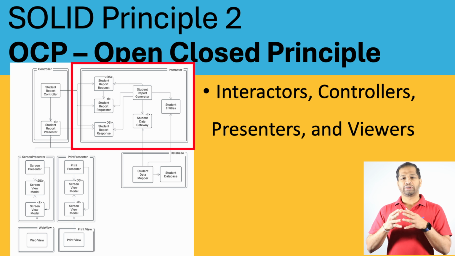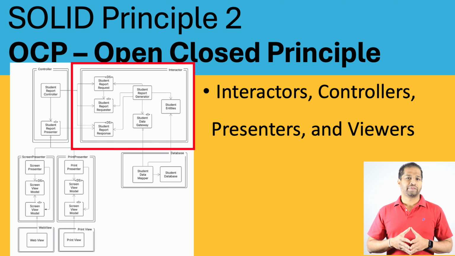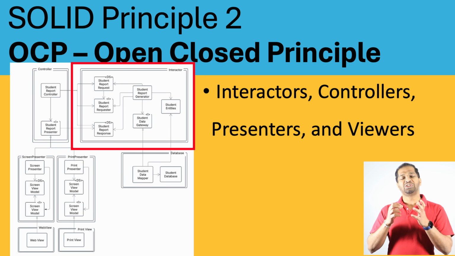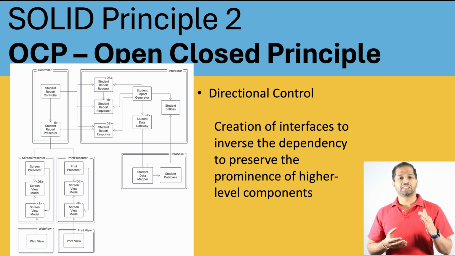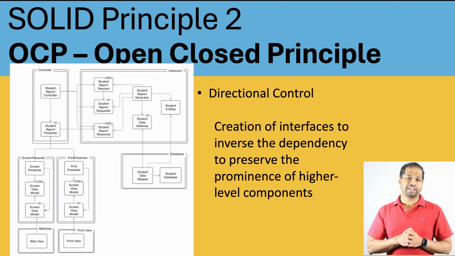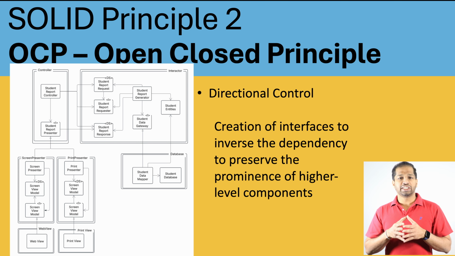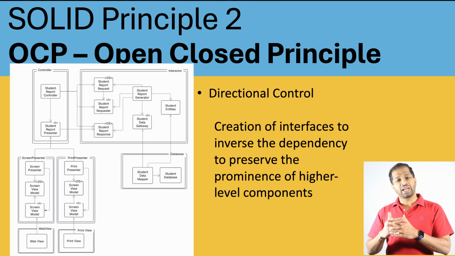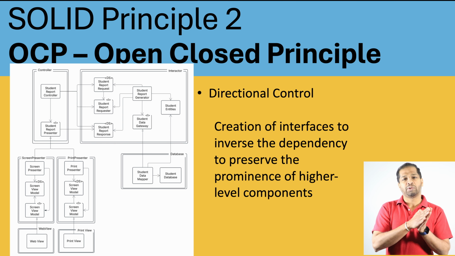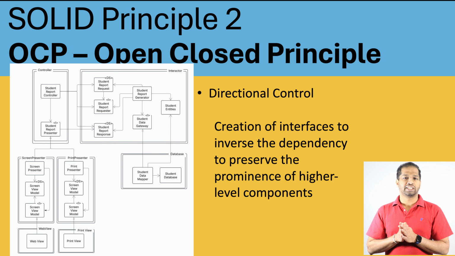So there are two important benefits we achieve by applying the OCP. The first one is the directional control, which allows us to protect the higher level components from being subject to modification due to changes in the lower level components. We do this by creating interfaces to invert the dependency relationships between higher level components and lower level components.